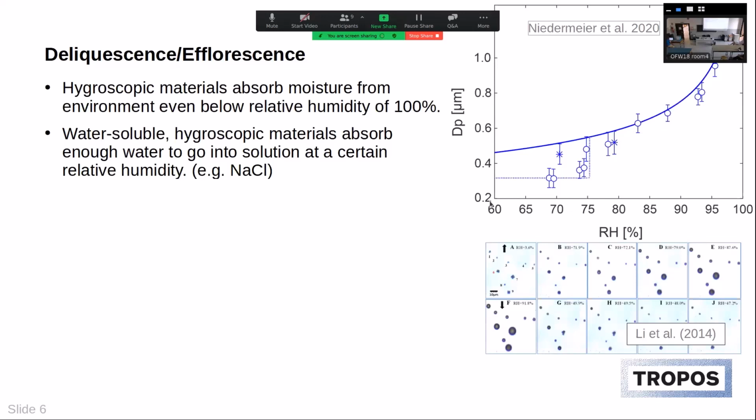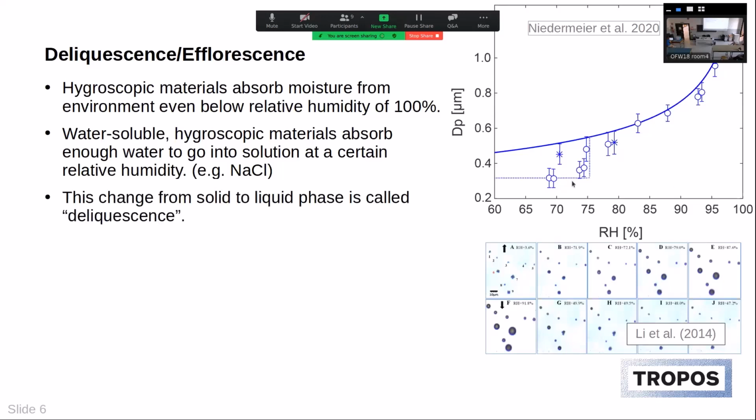If you inject sodium chloride particles into an environment with a certain relative humidity and then increase it, at some point the particles absorb enough humidity so that they have a sudden increase in their diameter. So then they suddenly go into solution and jump to a higher diameter, which is here at around 75%. You can see it here with these open circle symbols. And then after they went into solution, they go to their equilibrium diameter, depending on the relative humidity.